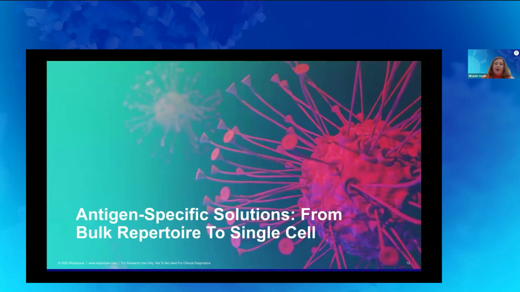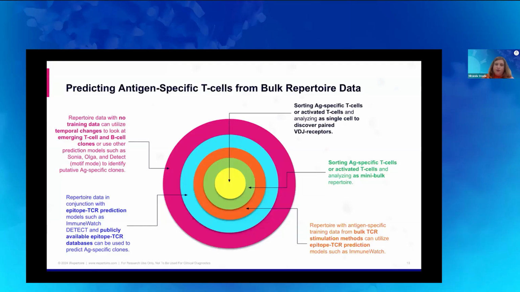So I like to go over a slide that I like in terms of how I think about antigen-specific solutions and some of the conversations Sandra and I have had with regards to this. So if we think about the approaches in terms of specificity, if we're looking at this kind of bullseye, on the outer circle, we're talking about things that maybe are less specific. This would be repertoire data with no training data.